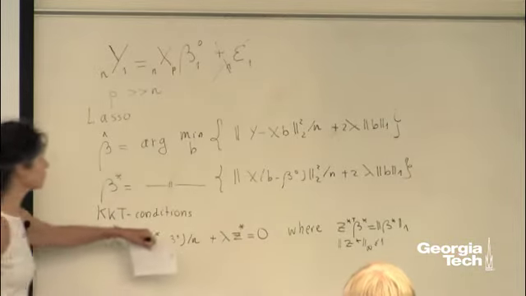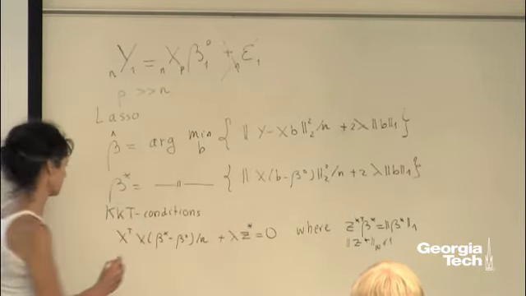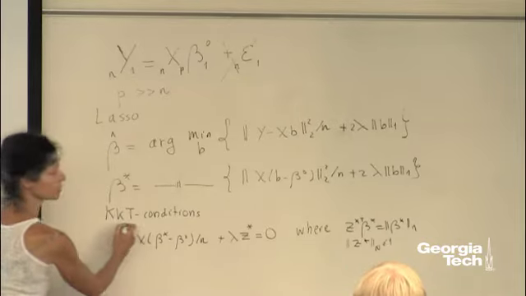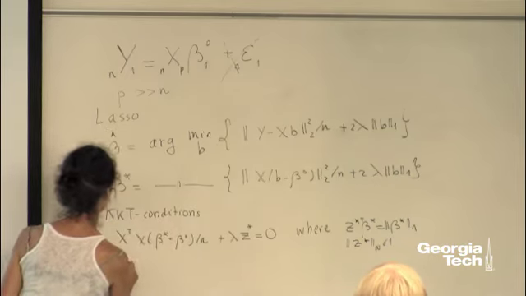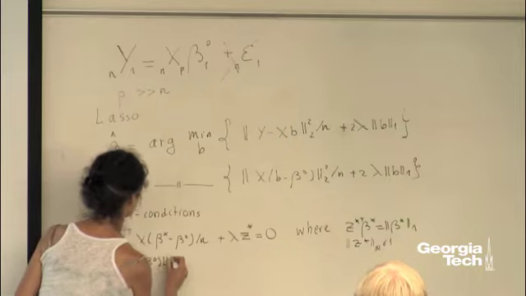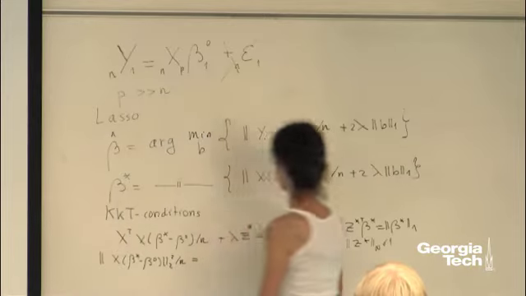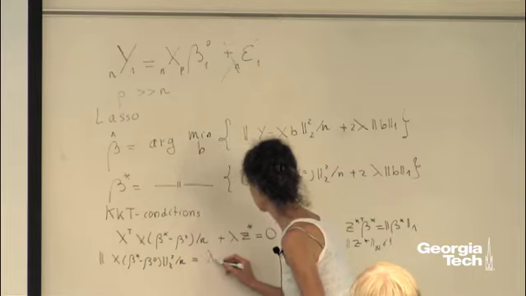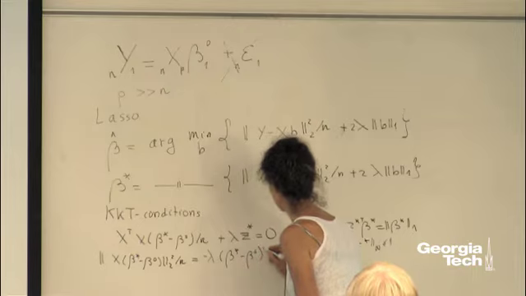Now I'm going to multiply by beta star minus beta 0. What I get then, if I multiply here by beta star minus beta 0 transpose, is again this quantity x(beta star minus beta 0) squared. And then I multiply by beta star minus beta 0 on this side too. So this is lambda times beta star minus beta 0 transpose z star.